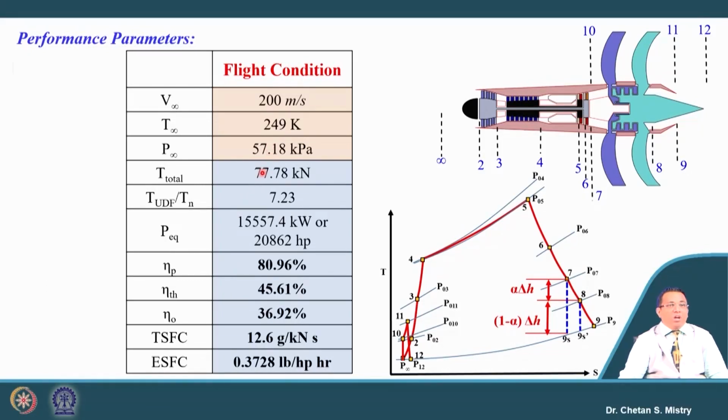For that we calculated the total thrust, which comes to 77.78 kilonewton. Then we found the thrust ratio, 7.23. We have also calculated the equivalent power, propulsive efficiency, thermal efficiency, overall efficiency, thrust specific fuel consumption, and equivalent specific fuel consumption for this engine configuration.